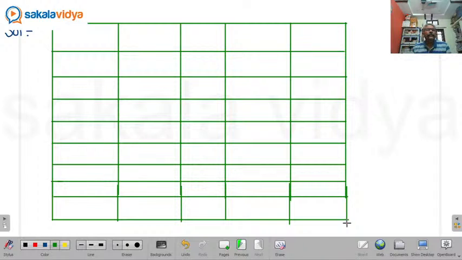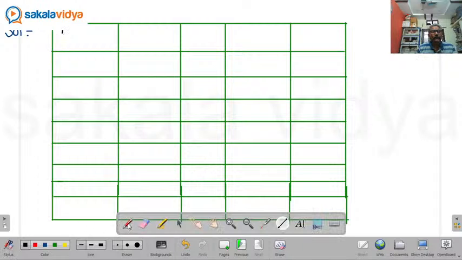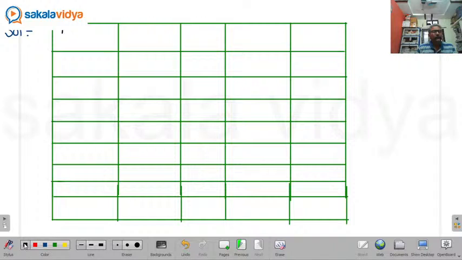Okay, now let us fill it. This is called the number of heartbeats per minute. Actually, this is the class interval, CI.